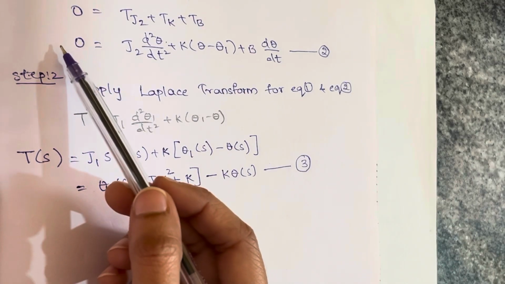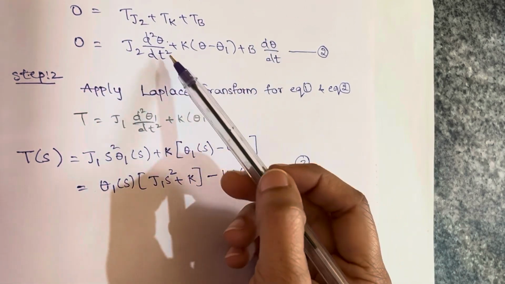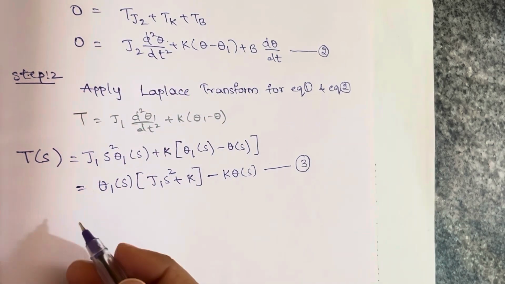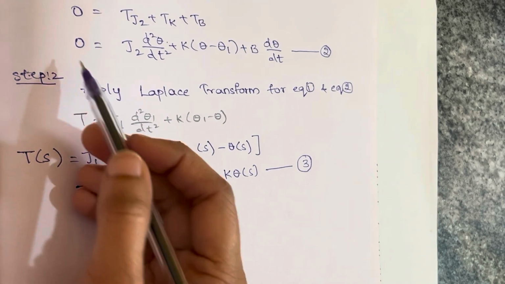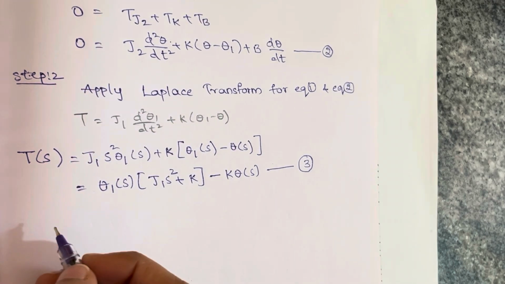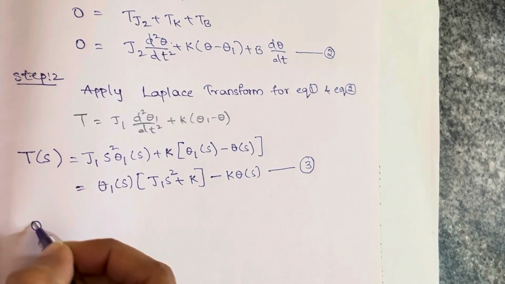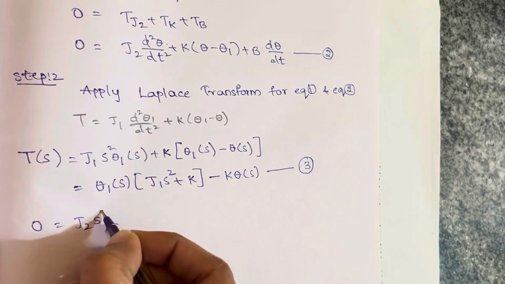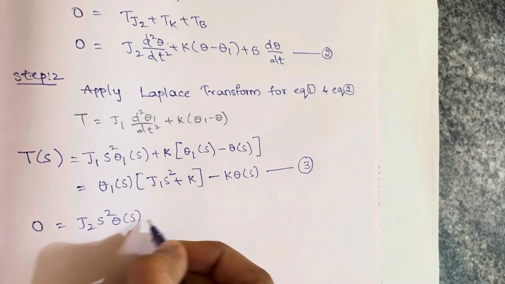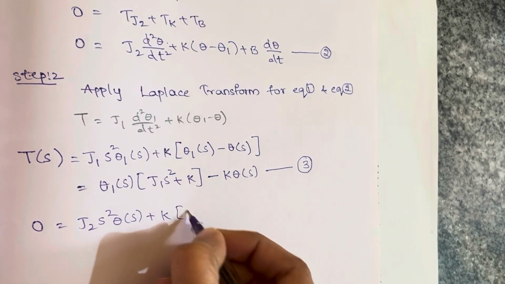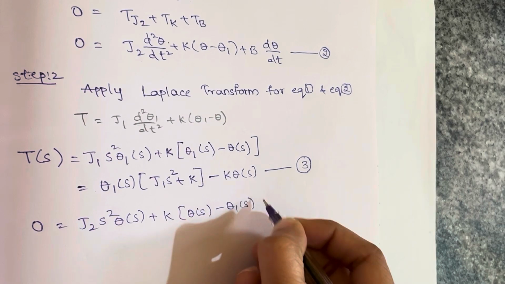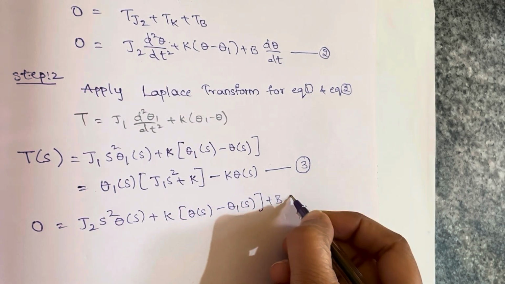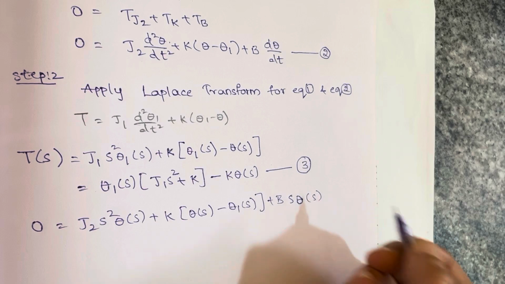Now we have to write the Laplace transform for equation number 2 also. What we get? Here T equals 0, so we need not write T of s here. So 0 equals J2 s square theta of s plus k into (theta of s minus theta 1 of s) plus b into s theta of s.